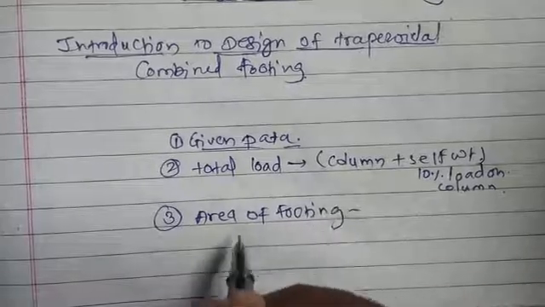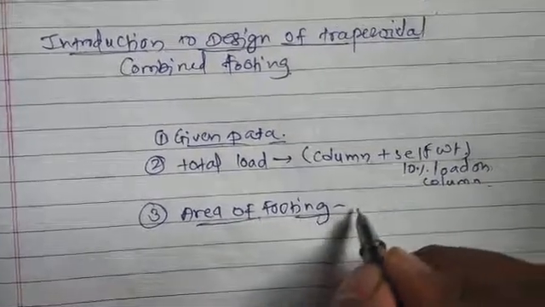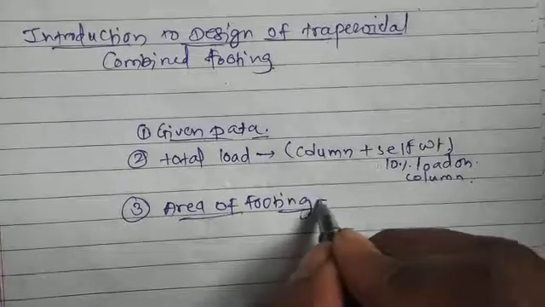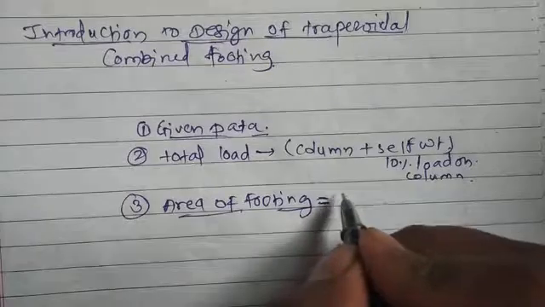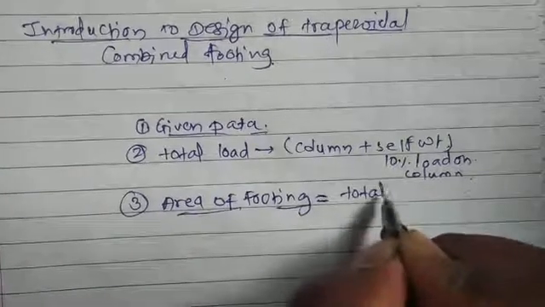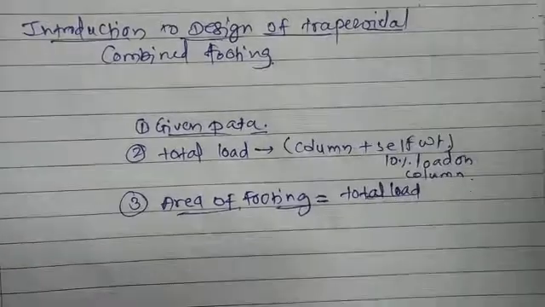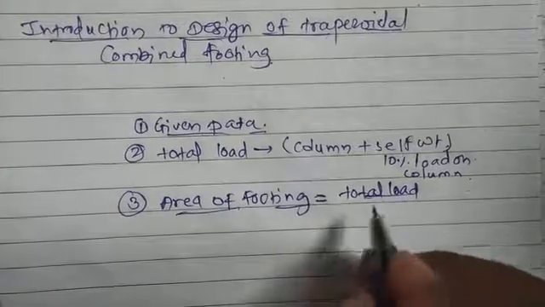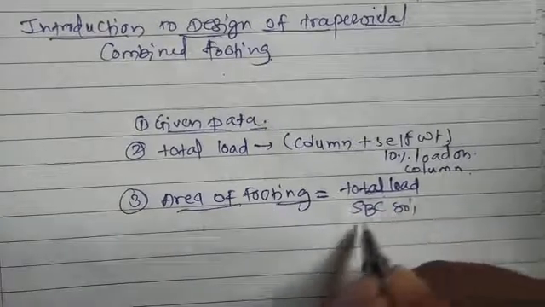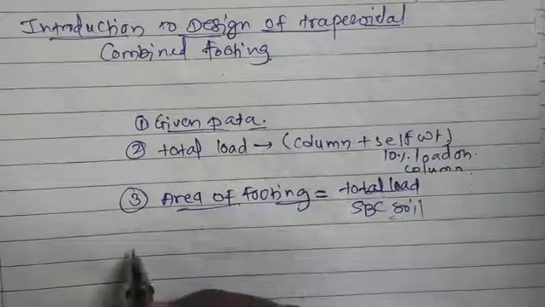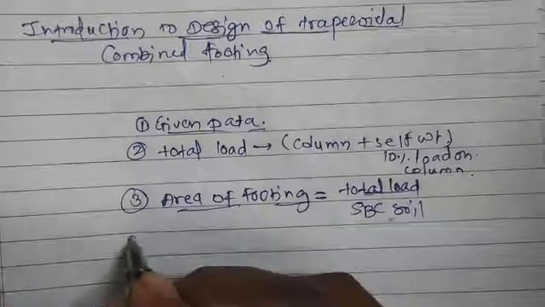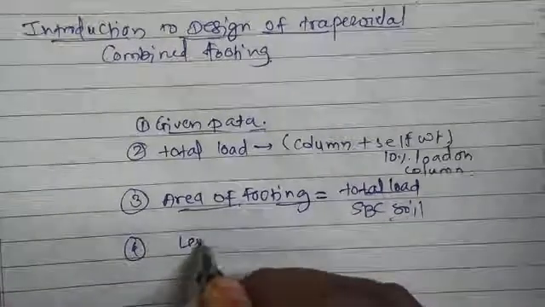For calculating this area of footing, we have used the formula: area of footing equals the total load divided by SBC, the soil bearing capacity. After calculating this area of footing, we have calculated the length and width of footing.